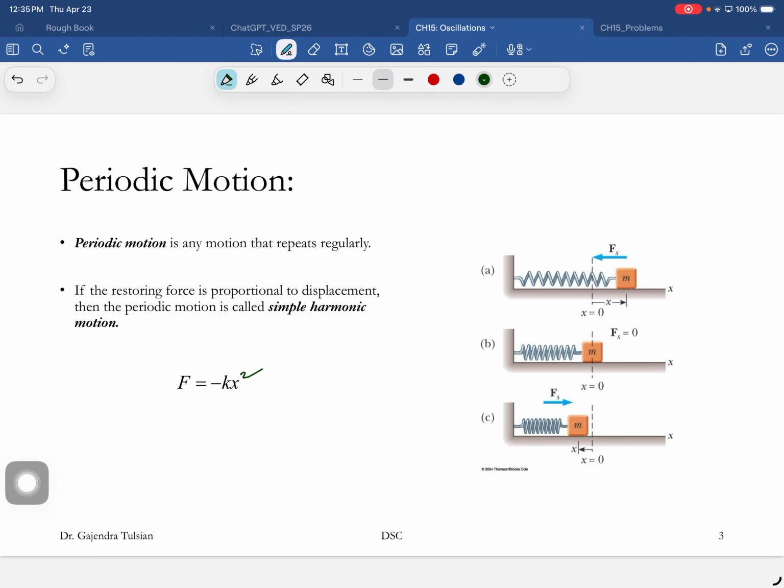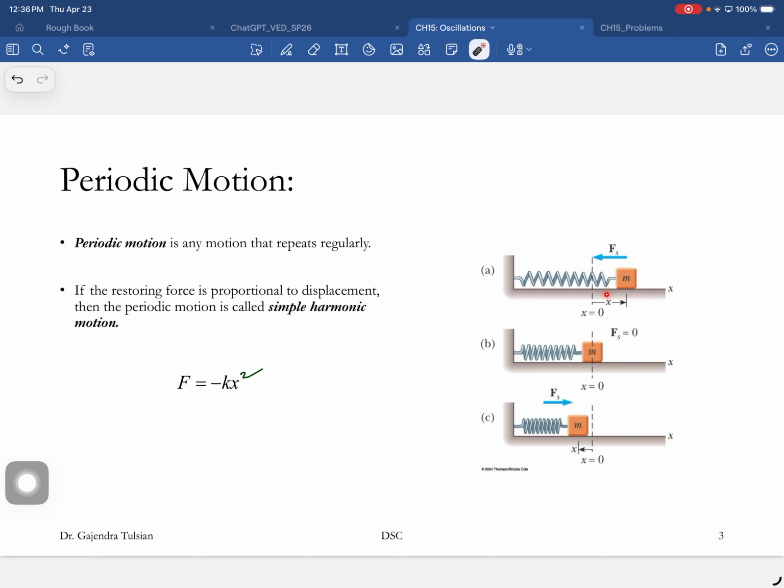Now, here's the neat thing about this motion. Okay, let's say I pull it over to the side this far and then let go. It'll oscillate like this. Okay, the same system, let's say I pull it this far and let it oscillate, it'll oscillate like that. Okay, so let's say it's starting to oscillate from here. This is called one oscillation. And the time for one oscillation is the period. Okay.